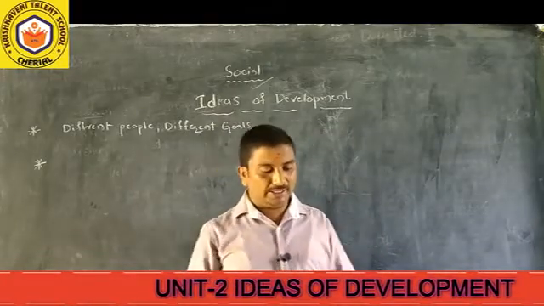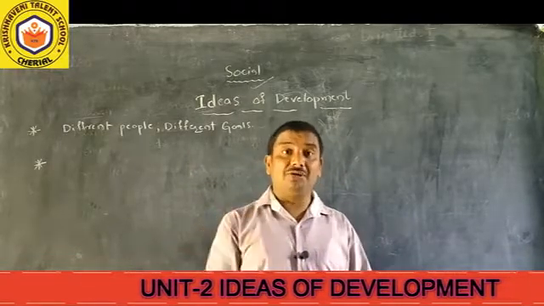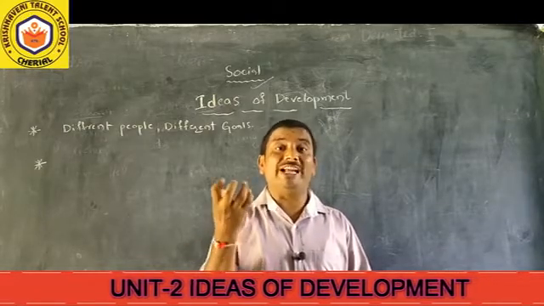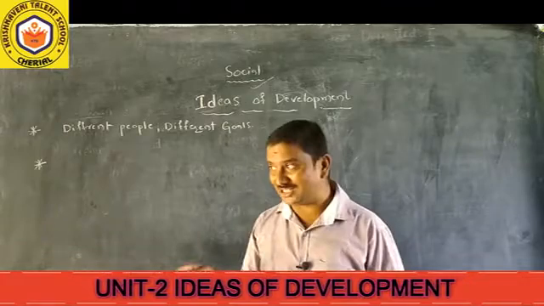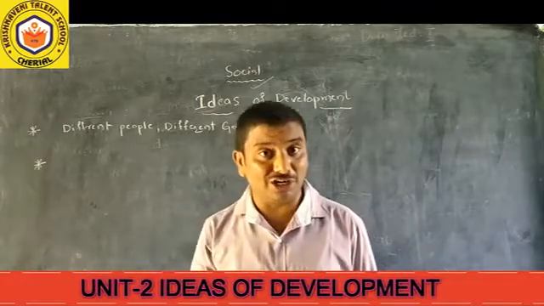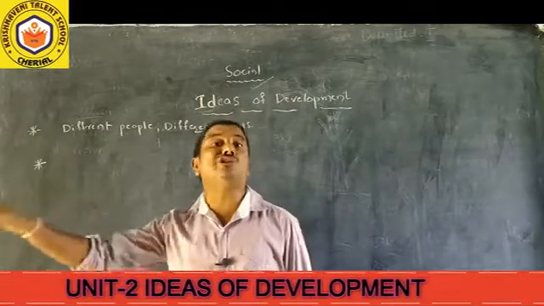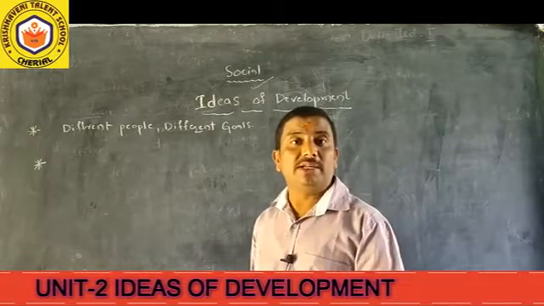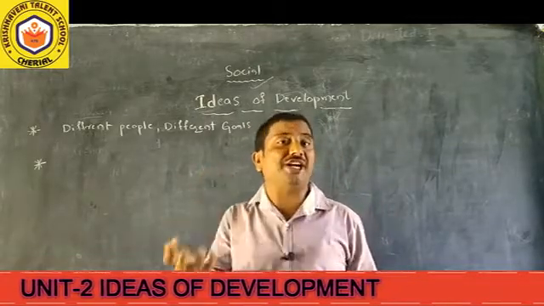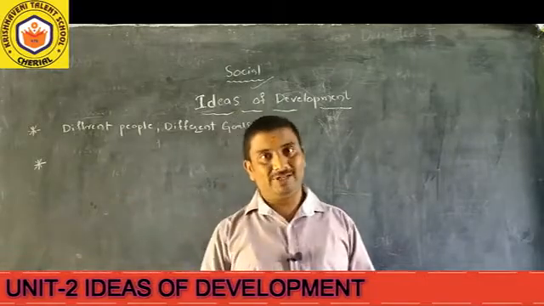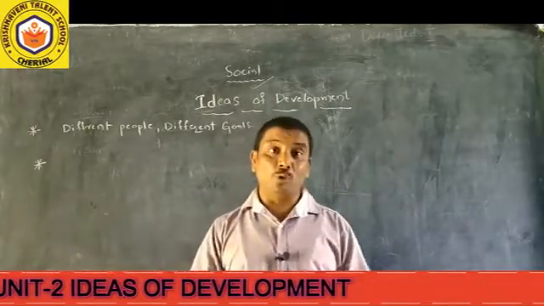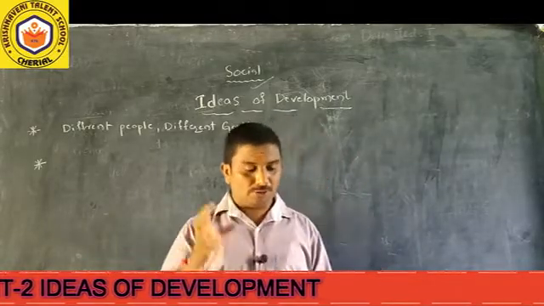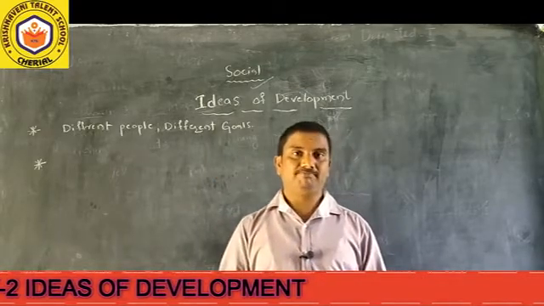Then for their children, they want good quality education in the local school, not in the city schools or private schools. So they are thinking of good quality education for their children from their local schools, more days of work and good wages. Good wages means better wages.